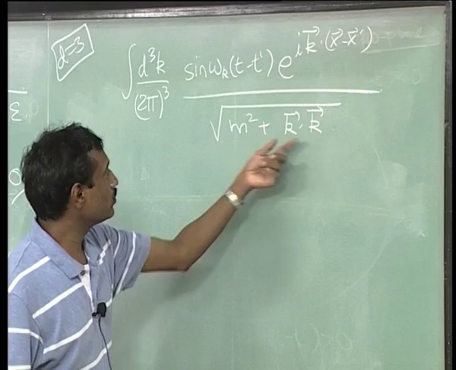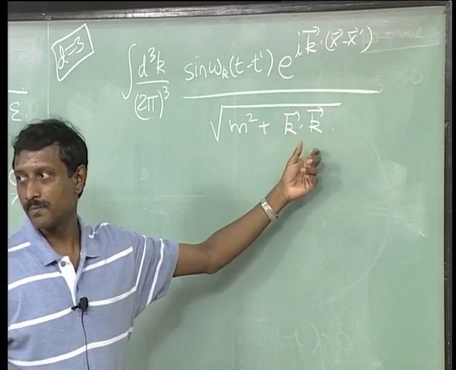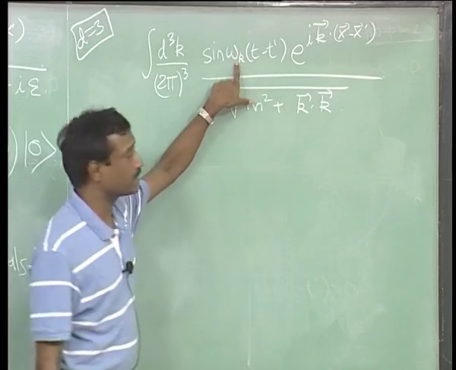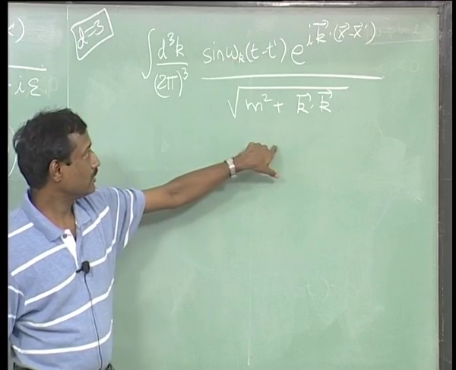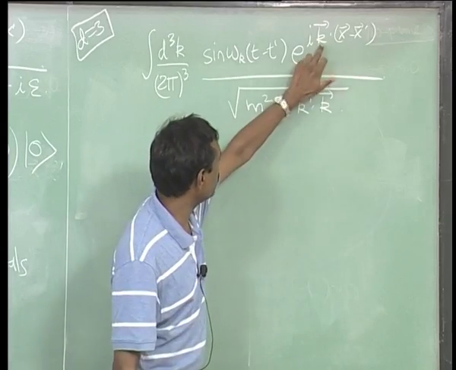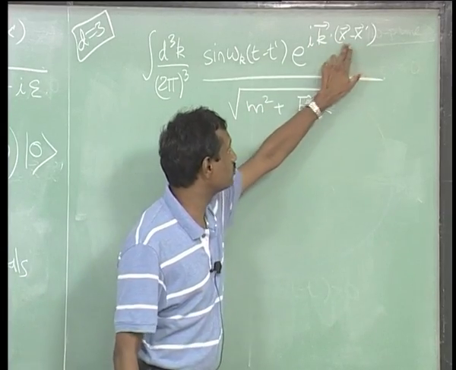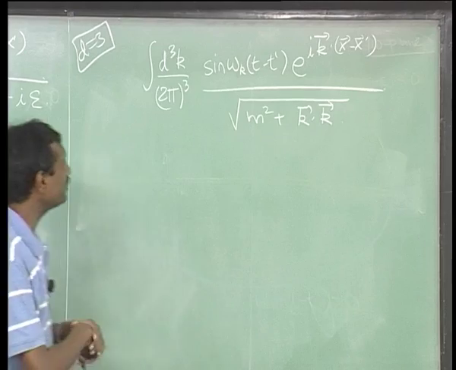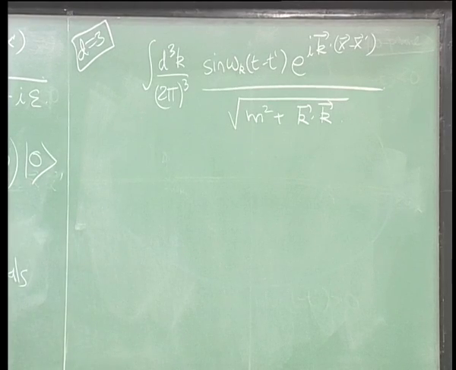But there is something very nice going on out here. This is only a function of the magnitude of k. The other dependence on k would come through the exponential, and there is a standard method of doing this.